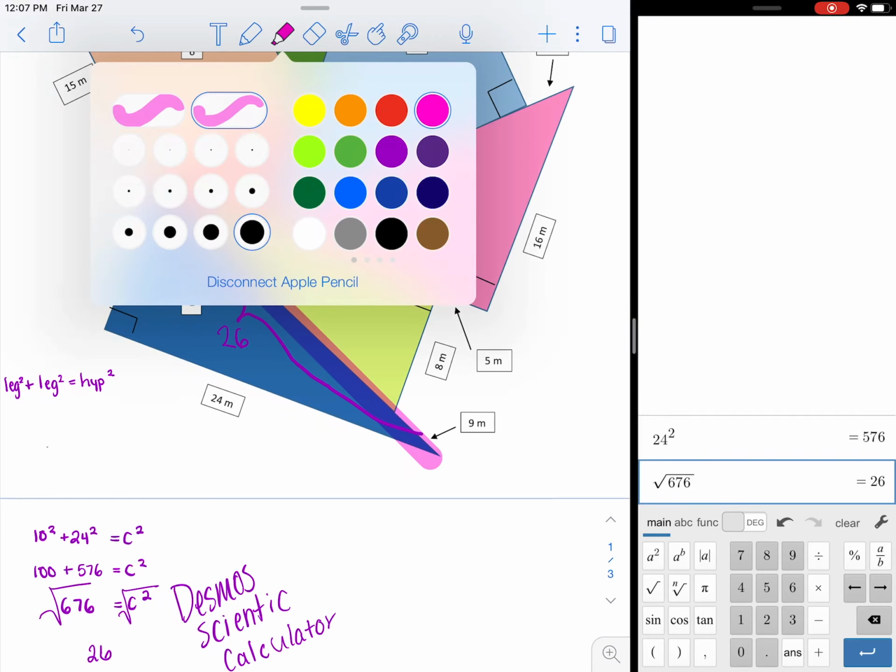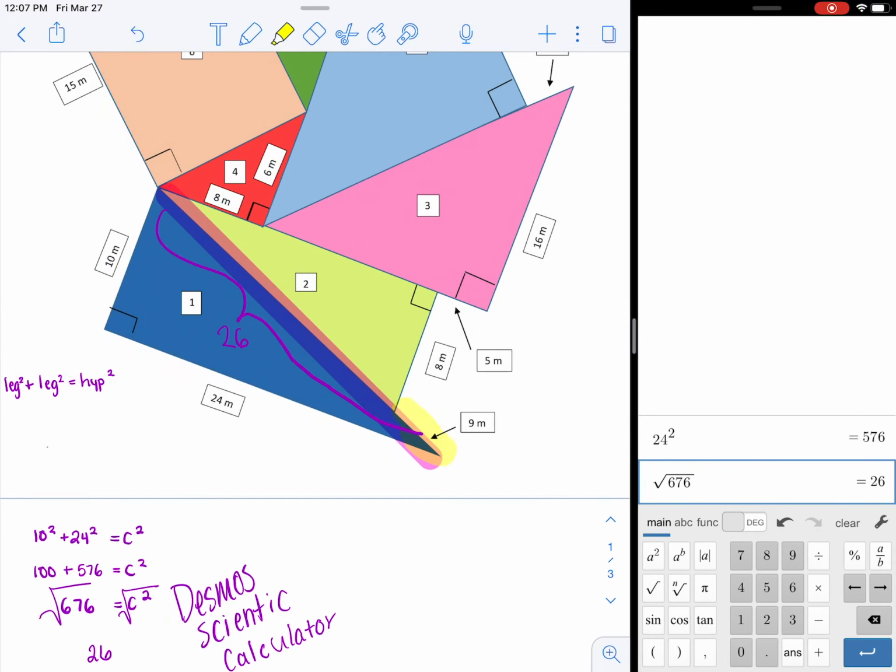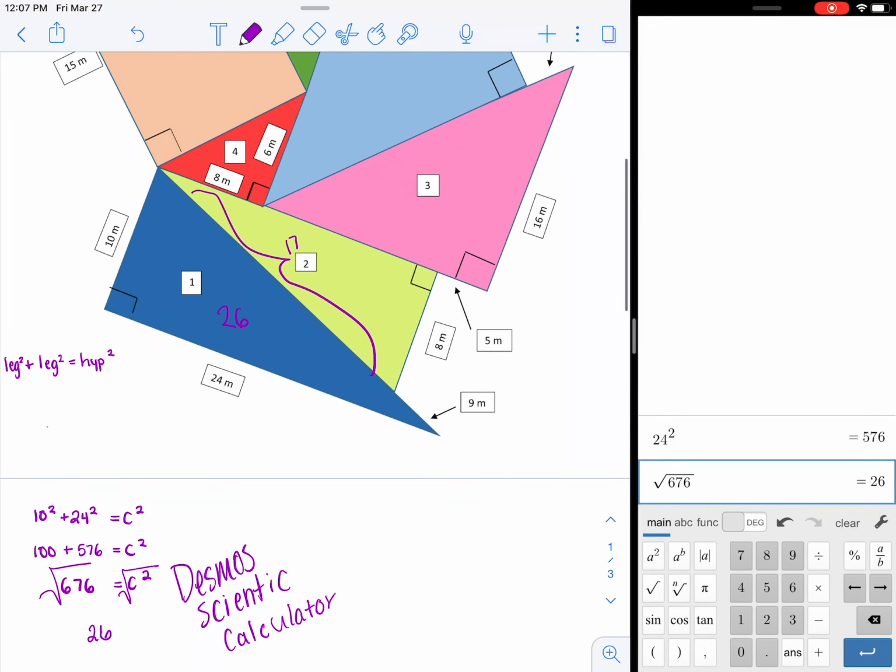And then this portion from here to here is 9. So if we want to find the other part over here, what we need to do is take 26 and subtract 9. When you do 26 minus 9, you should get 17. That means from here to here in triangle 2 is 17.